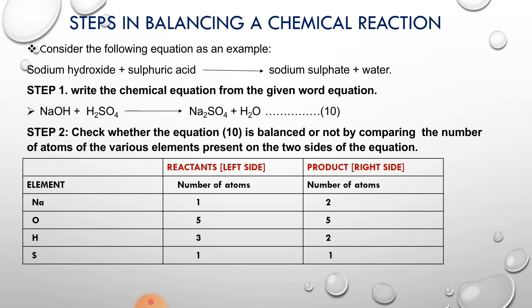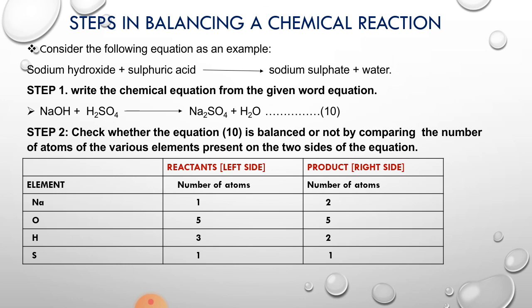That gives 4 plus 1, 5. Now H. On the reactant side, NaOH, H is 1, plus H2SO4, H2, that means 2. 2 plus 1 is 3. Then on the product side, it is only H2O, that means H2. Only 2 atoms of hydrogen are present on the right hand side.